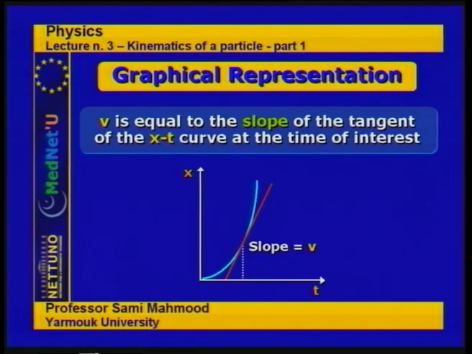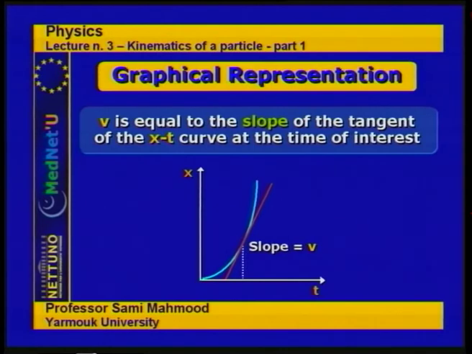the time of interest is here described by the dashed line downward. At that point in time, the instantaneous velocity is simply the tangent to the x-t curve at that point.